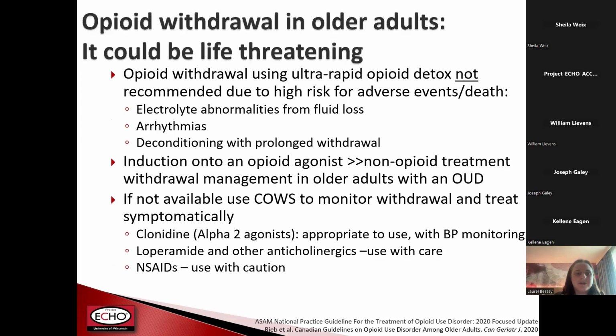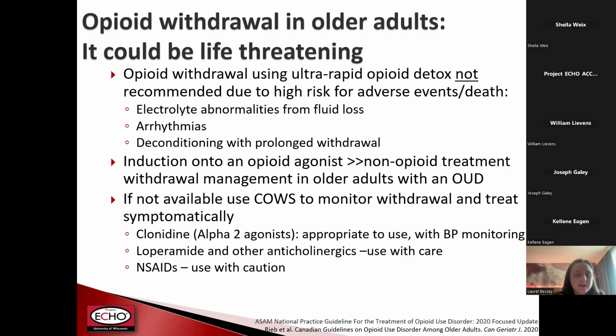In older adults, we should potentially consider it life-threatening. Older adults who are more medically frail process the medications differently in their bodies and can be at much higher risk for adverse events or death, such as from electrolyte abnormalities, arrhythmias, and deconditioning.